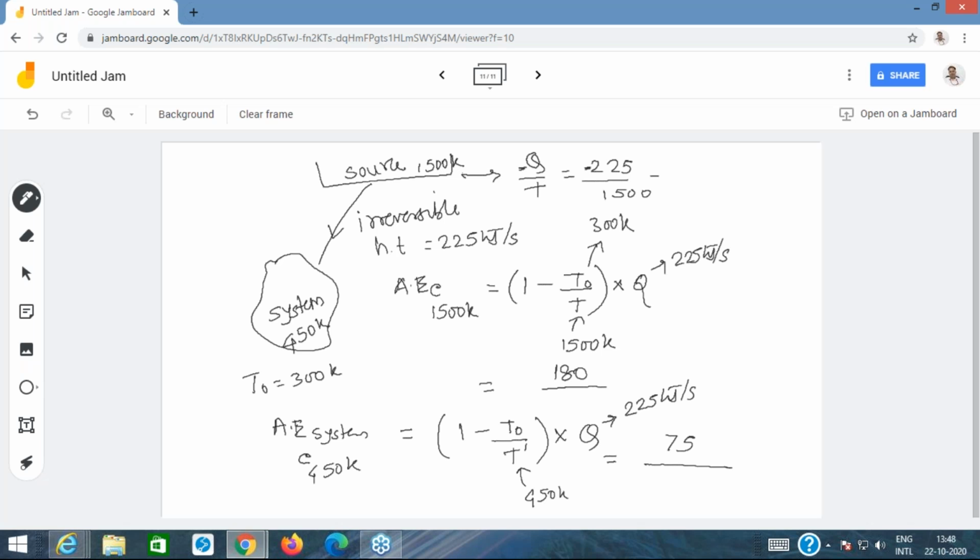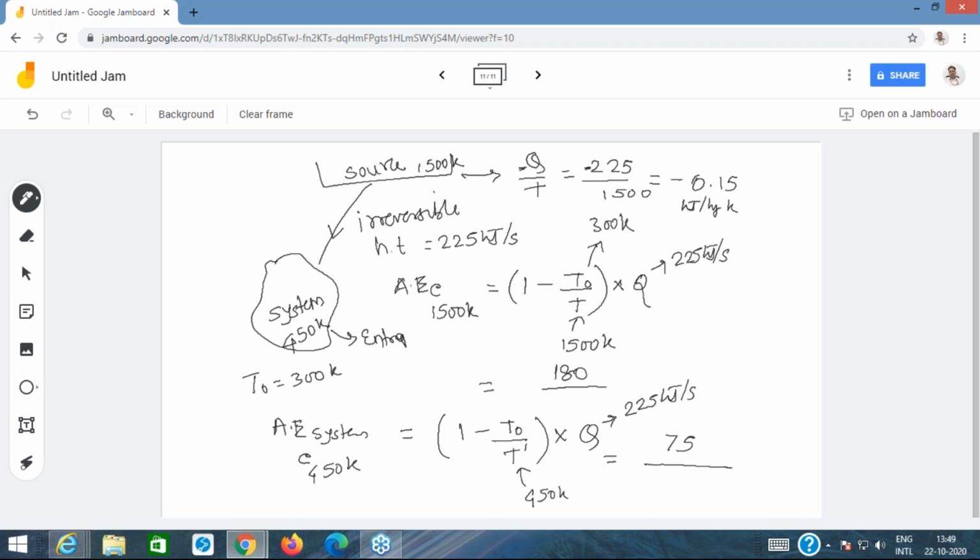So this would be minus 225 by 1500. How much is 225 by 1500? Entropy change of the source. Okay, correct, Tanya. It will be minus 0.15 kilojoules per kg Kelvin. What would be the entropy change of the system? What would happen to the entropy of the system, would it increase or decrease?